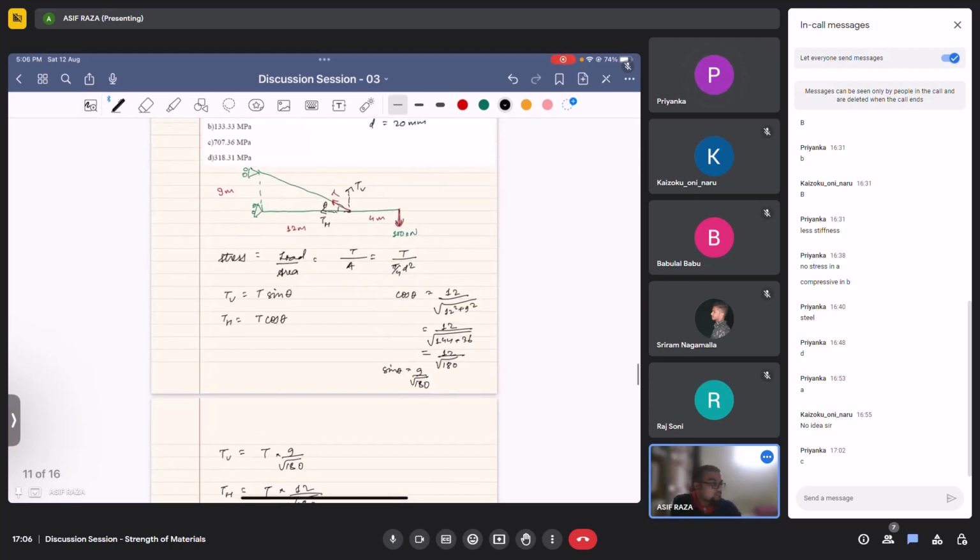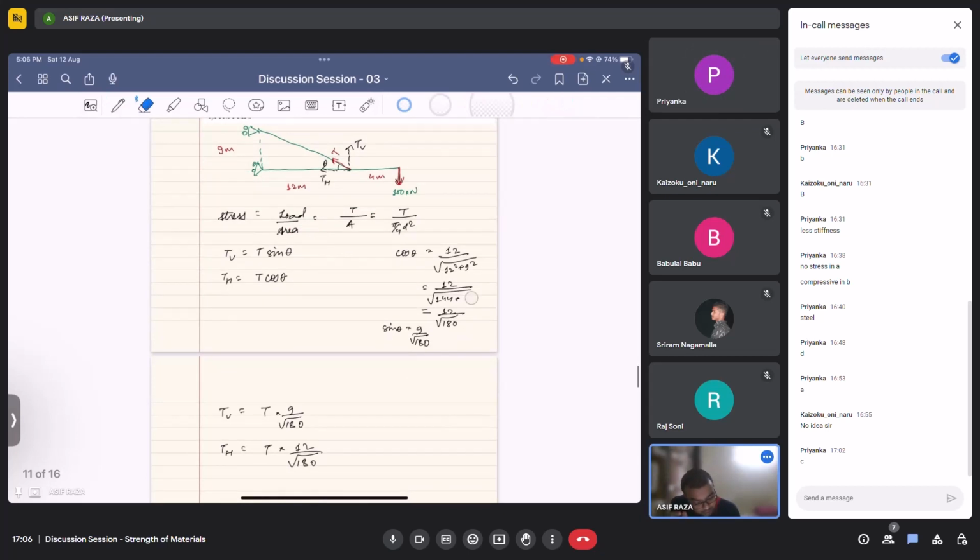Yes sir, I think it would be 81. I think that's what you were saying, right? Yes, sir. Okay. So this would be root 225, and that is 15. So cos theta is 12 upon 15, and that would be 4 upon 5.